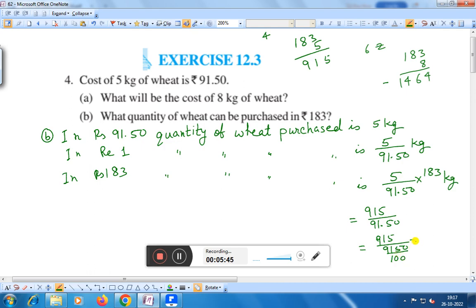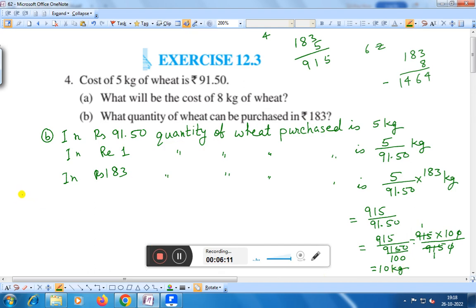That means we are getting 915 into 100 by 9150. This 0 will be cut, right? And 915 divided by 915 comes to 10 kg, right?